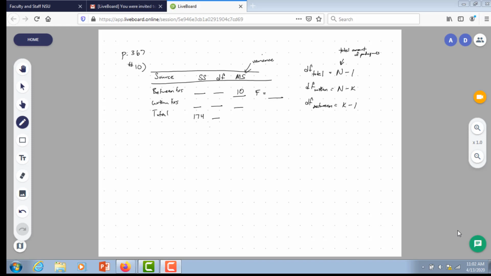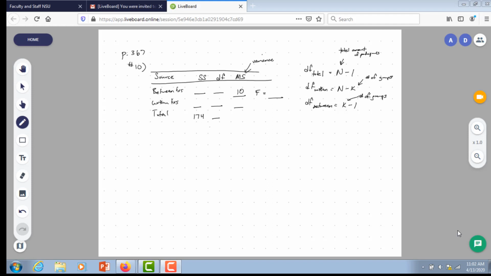Now, K is a new abbreviation you all are seeing. K simply means number of groups. So you'll want to keep that in mind as you're moving through these formulas.